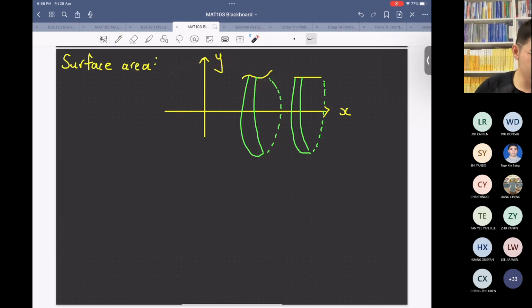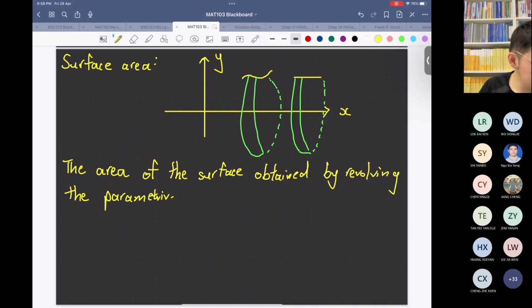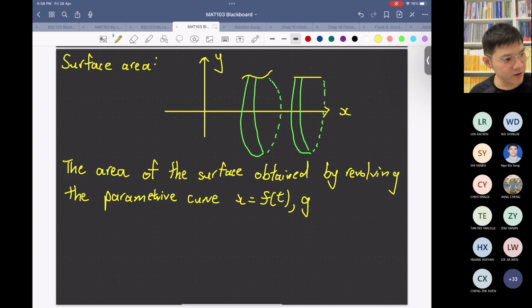So the definition is: the area of the surface obtained by revolving the parametric curve, similarly defined by two equations, your coordinates continuous, given a time limit from a to b.